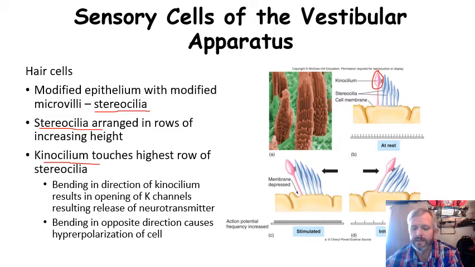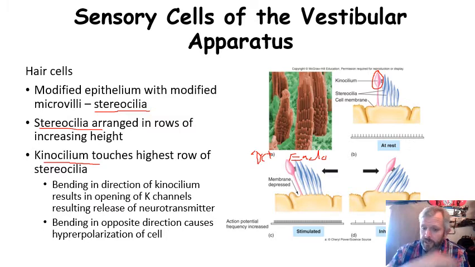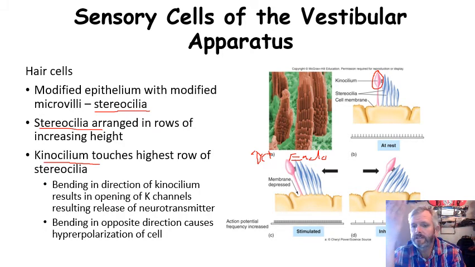Here is how they're activated. Remember, these sensory cells are housed in endolymph. And what is that high in? It's high in potassium. So if potassium channels open in these cells, we're going to get potassium rushing in and depolarization. Movement is going to cause these cells to bend in a certain direction, depending on which way the movement is taking place across them.